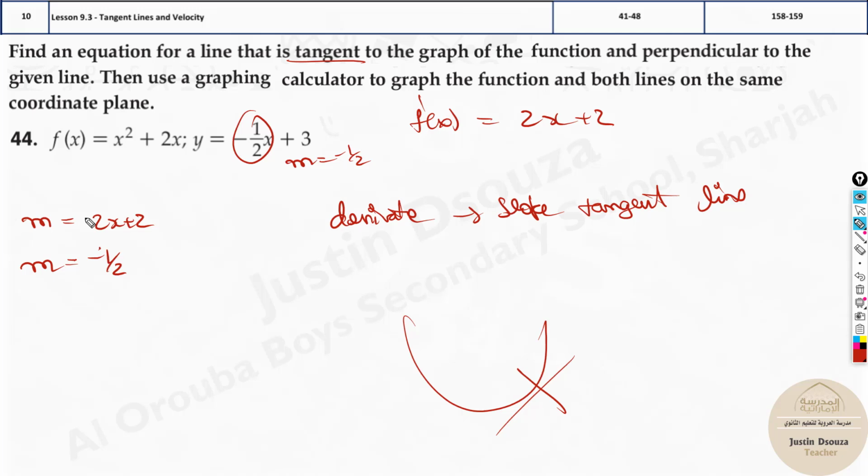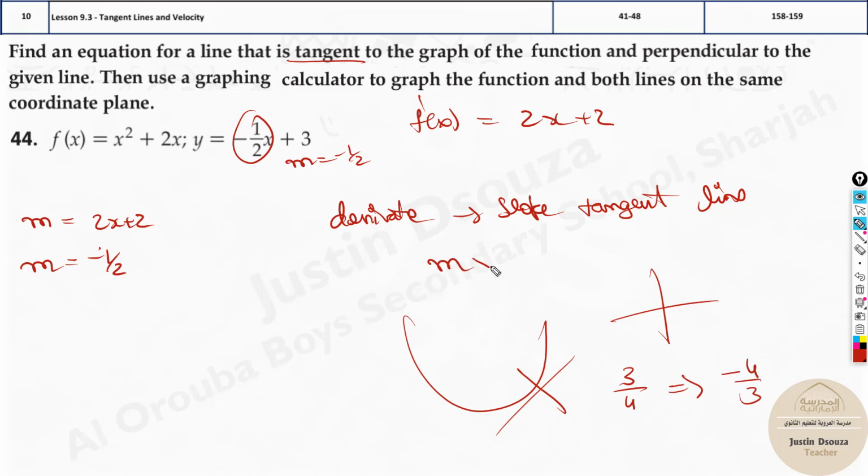Now what rule do we know if two lines are perpendicular? If two lines are perpendicular, then the slope of each is the negative reciprocal of the other. That means, say, imagine I have 3 by 4. This is one line. If I have to draw a perpendicular line, the slope is negative 4 by 3, the negative reciprocal. But there is an easier way to understand this.